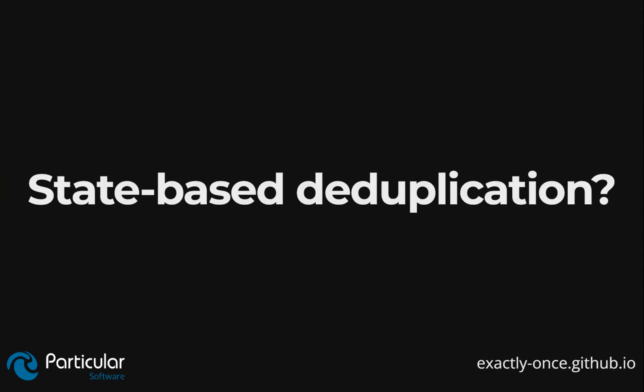What can we do? Can we do state-based deduplication? Not really. State-based deduplication requires some sort of state pre-existing to the message being sent. And here, when the API request is create an order, there is no pre-existing state. There is a state in our web interface scenario because most web interfaces are limited to having a single outstanding order.